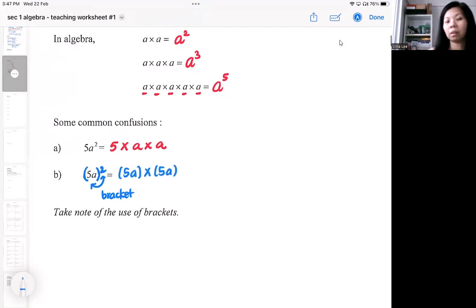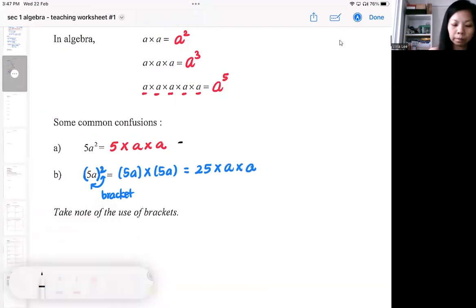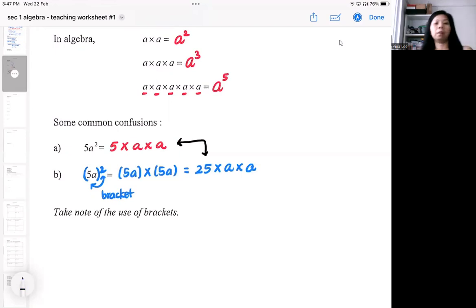Can you see there's actually a difference? If I simplify this, 5 times 5 is 25. So can you see that it's actually very different? One of them, without the bracket, is 5 times a times a. With the bracket, it becomes 25 times a times a.